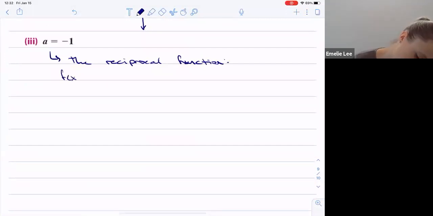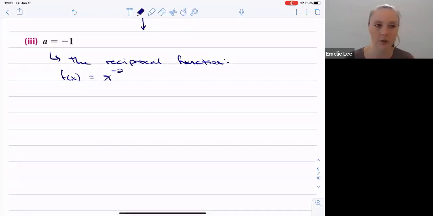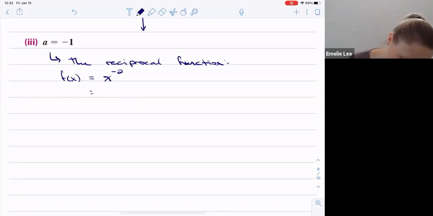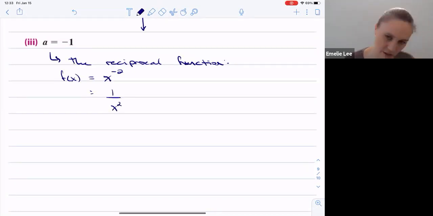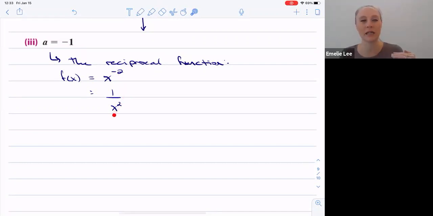If you have f of x is x to the -2, what's that actually saying? Well, this is the same as 1 over x squared, right? And so if you've got a negative power, it just means that you should be bumping it down to the denominator of a fraction.